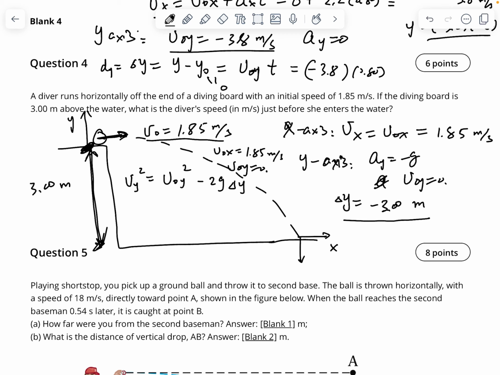So Vy squared equals 0 squared minus 2 times 9.81 times negative 3. You see, negative here becomes positive, so basically it's 2 times 9.81 times 3.00. So Vy equals the square root of this value.